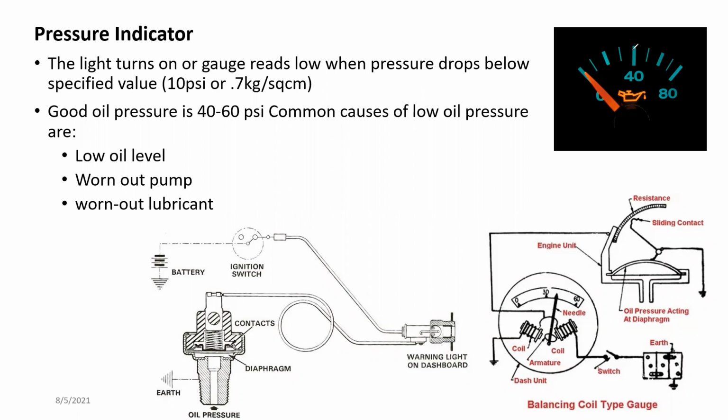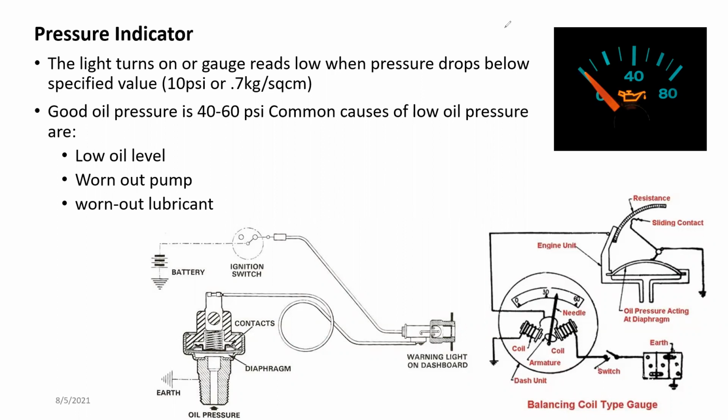And if you have this light and it is switched on once you start the engine, that means your lubrication system has some problem, right? In either case, you need to check the engine as soon as possible before it causes catastrophic damage to the engine, right?